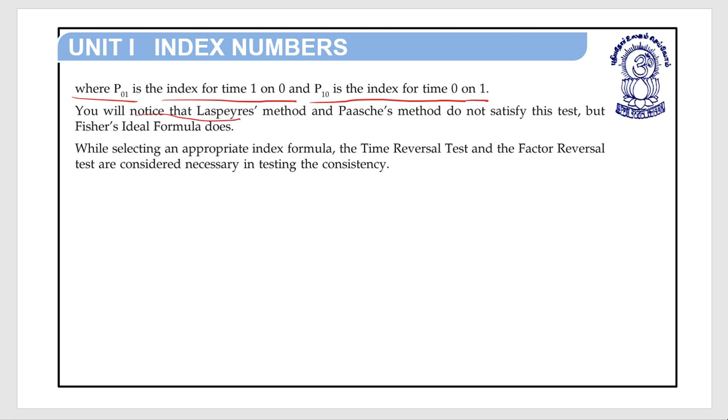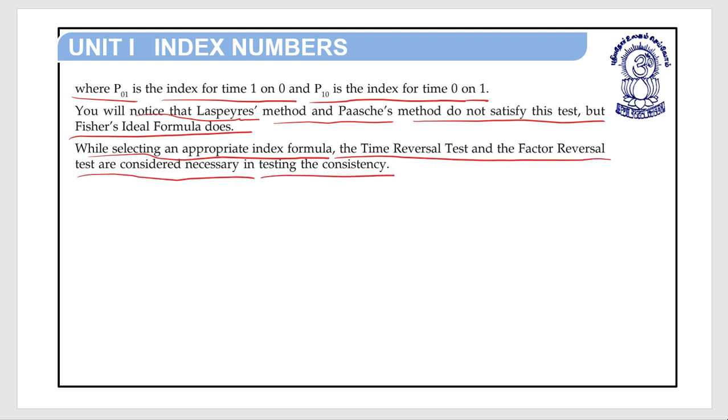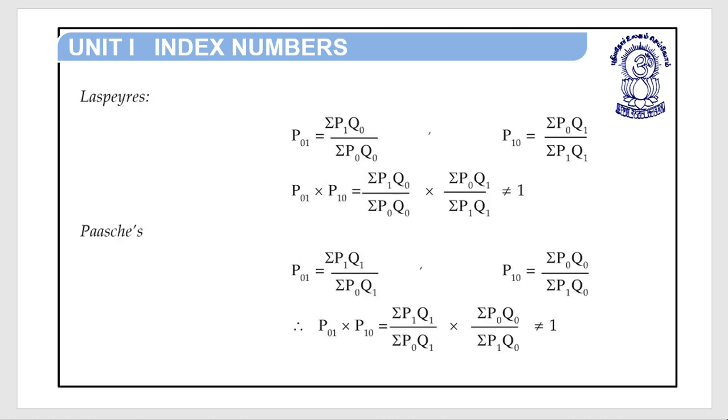You will notice that Laspeyres' method and Paasche's method do not satisfy this test, but Fisher's ideal formula does. While selecting an appropriate index formula, the time reversal test and the factor reversal test are considered necessary in testing the consistency.